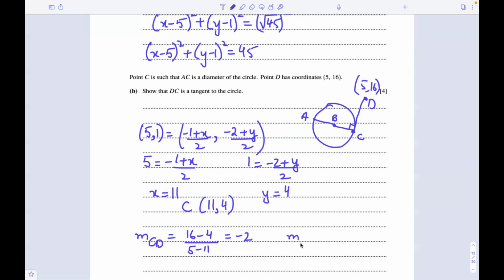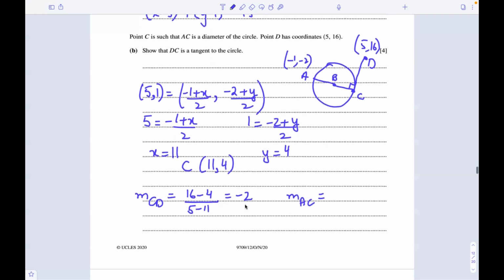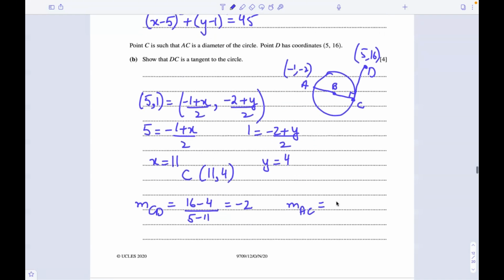And the gradient of AC would be, so the coordinates of A are (minus 1, minus 2) and the coordinates of C are (11, 4). So we can say y2 minus y1 would be minus 2 minus 4 divided by minus 1 minus 11. So this would simplify down to positive 1 upon 2.